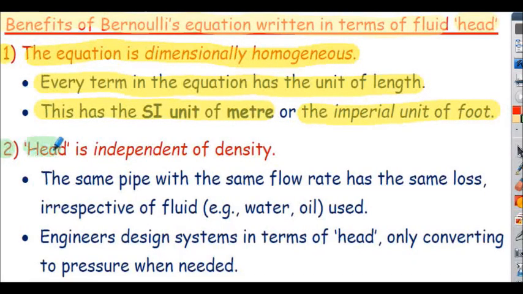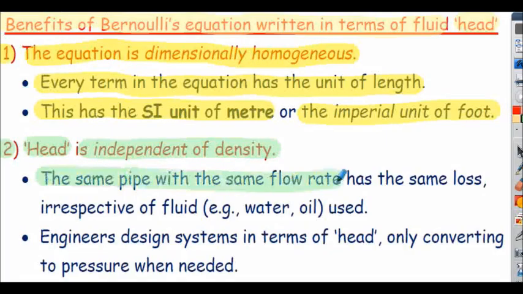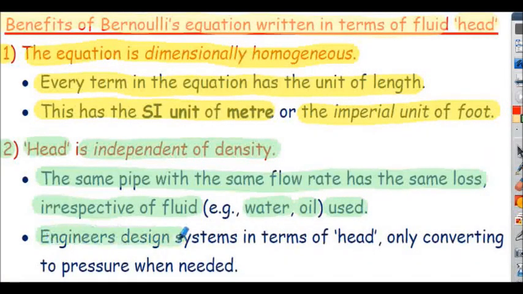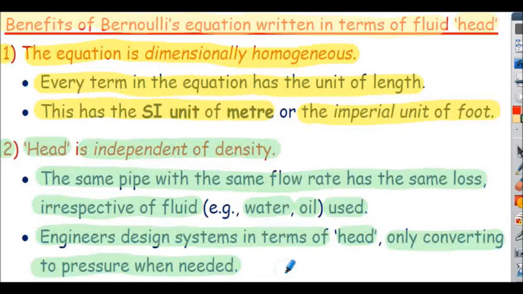Secondly, the head of fluid is independent of density. The same pipe with the same flow rate has the same loss, irrespective of whether the fluid is water or oil. Engineers tend to design systems in terms of head of fluid, only converting to pressure when needed, sometimes at the end of the calculations.